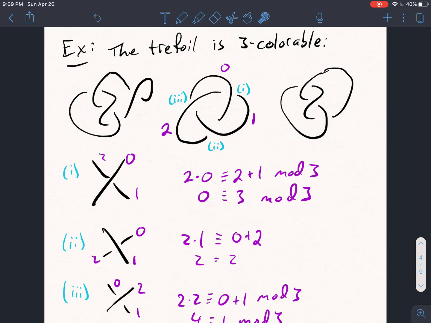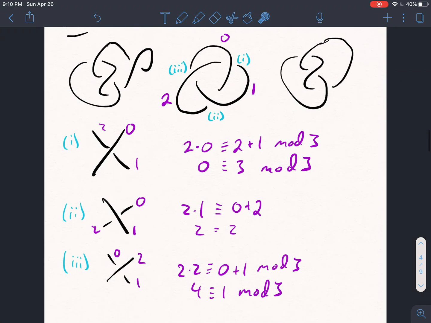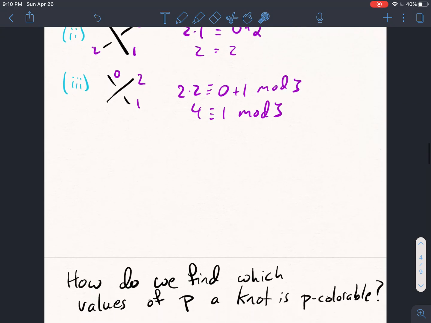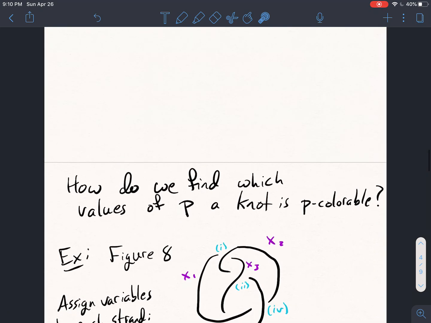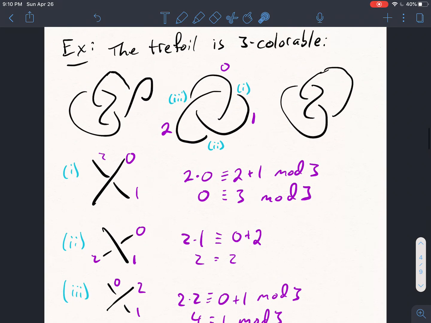Here I have 4 strands, and so you would maybe have to do something slightly different. And the theorem that goes along with this is that if one diagram for a knot is 3-colorable, then every diagram for that same knot would also be 3-colorable, or p-colorable in general. So yeah.